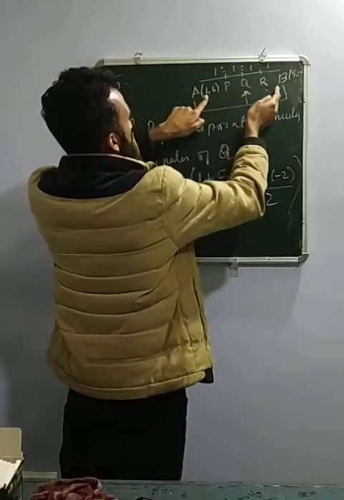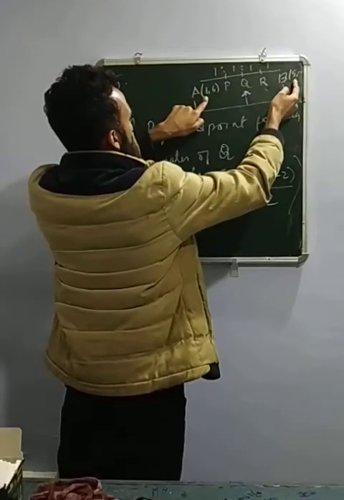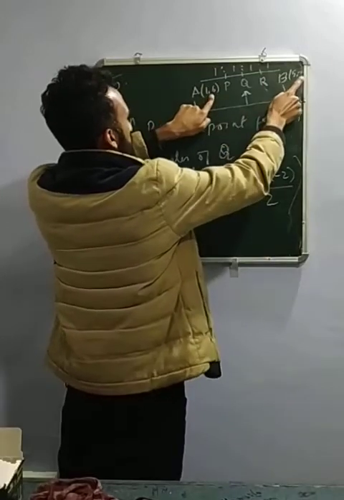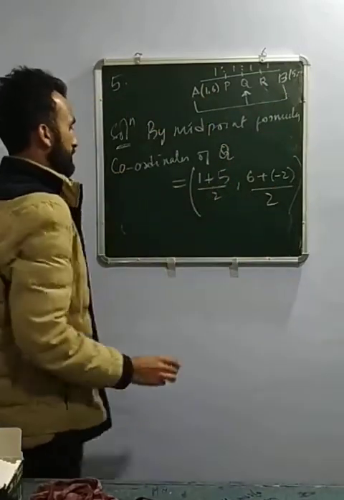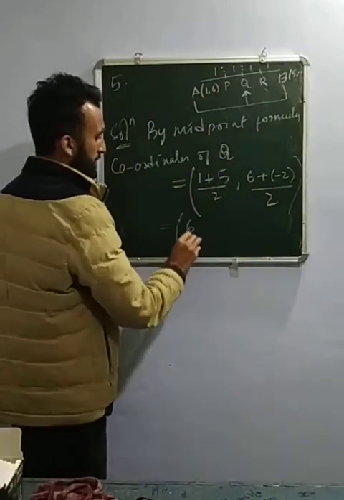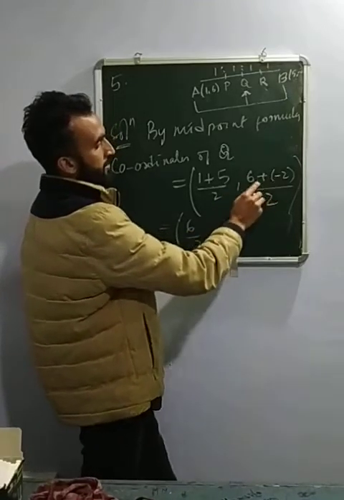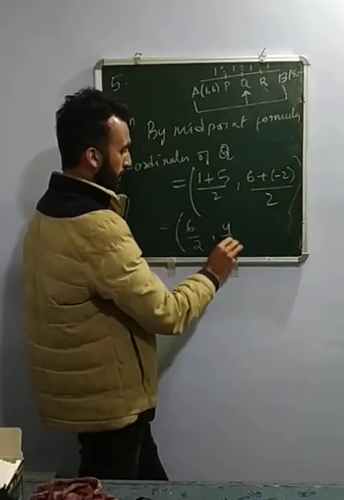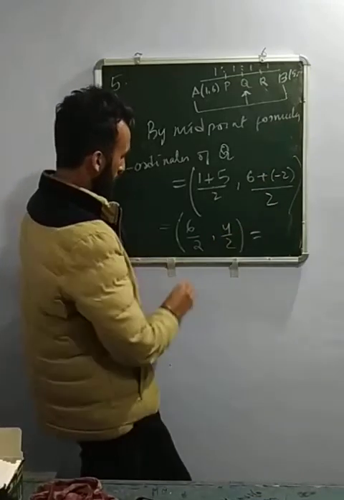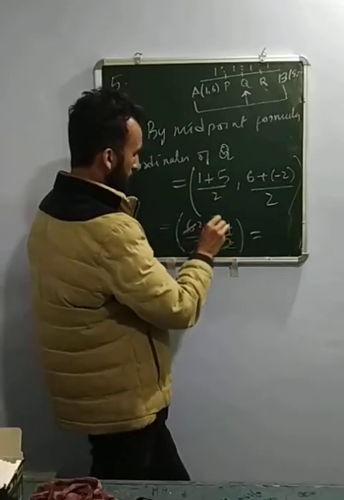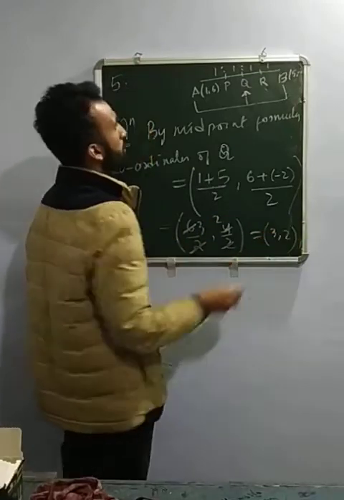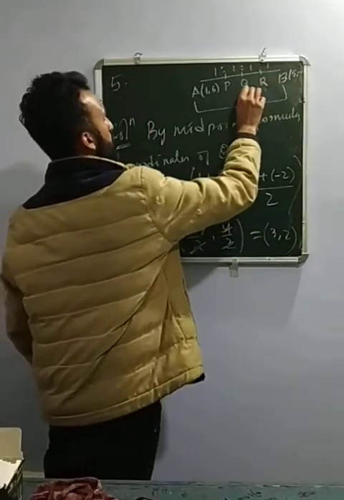See, Q is in the middle of AB. Add the x coordinates, divide by 2, add the y coordinates, divide by 2. So this becomes 6 by 2, and 6 minus 2 is 4, 4 by 2. The answer is 3, 2. So the coordinates of Q is 3, 2.